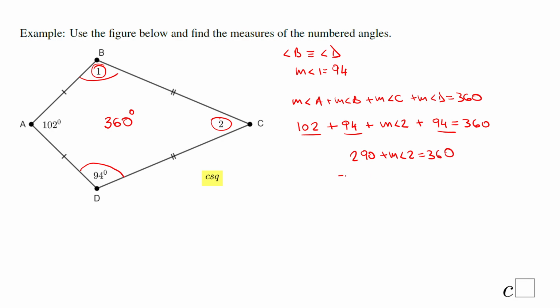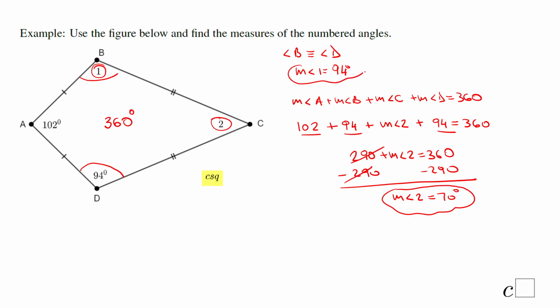So the last step is to subtract 290. And we have the measure of angle 2 is 70 degrees, and angle 1, 94 degrees. So this is about this example that is covering a kite.